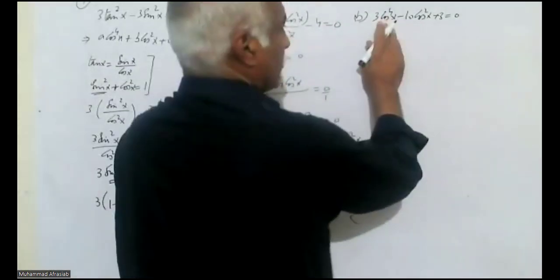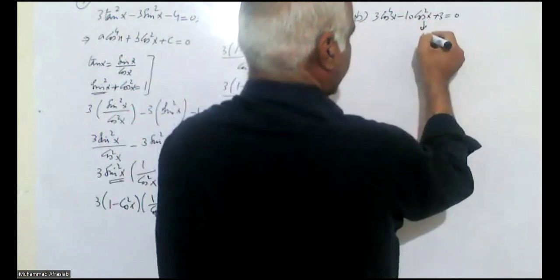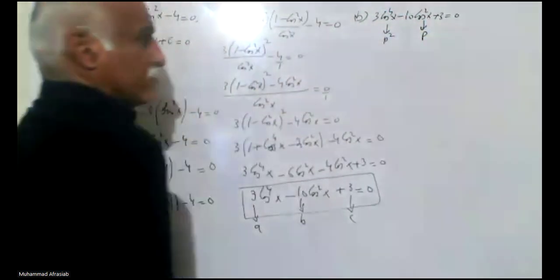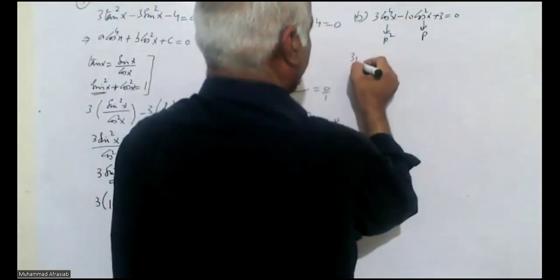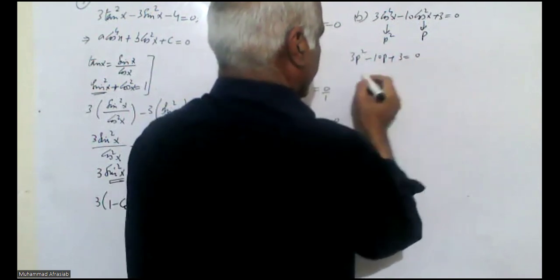Now this is not a quadratic, but we can make it quadratic: if cos square of x is equal to p, then cos 4x is equal to p square. So we can write this as 3p square minus 10p plus 3 equal to 0.